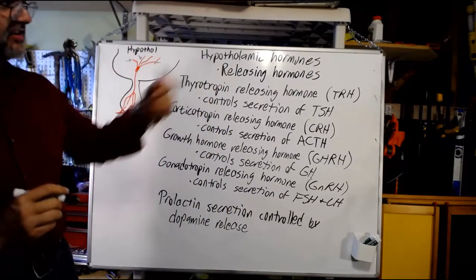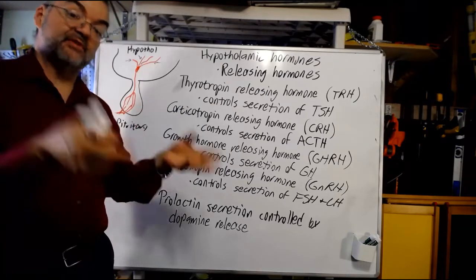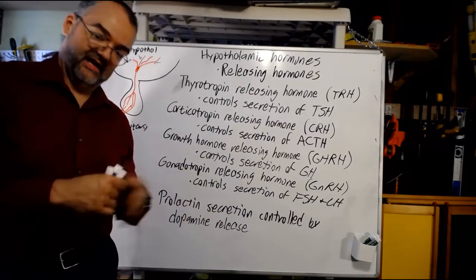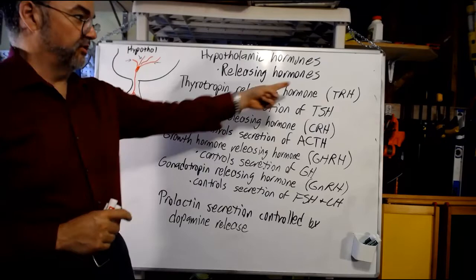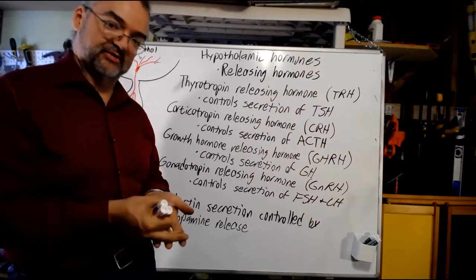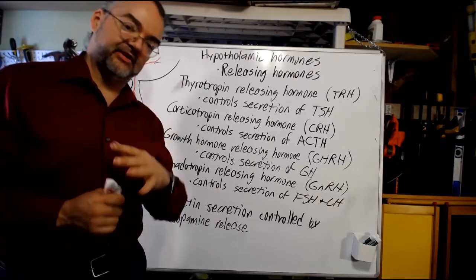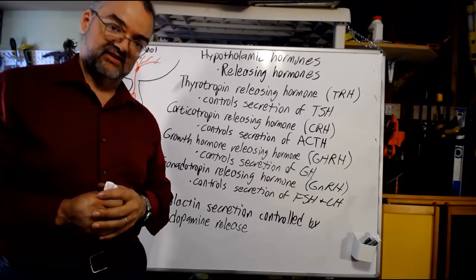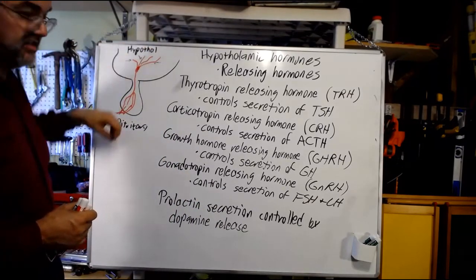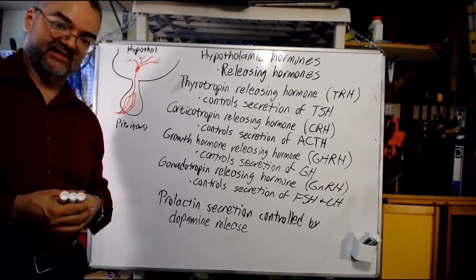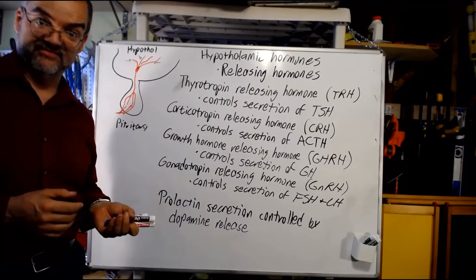And unlike these other releasing hormones, where each of them stimulates the release of their anterior pituitary hormone, so for example, TRH causes the anterior pituitary to put out more TSH, dopamine inhibits prolactin release. So the more dopamine the hypothalamus puts out, the less prolactin the anterior pituitary secretes.